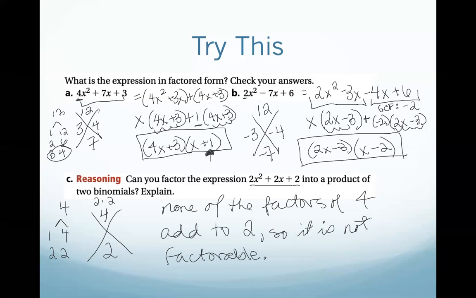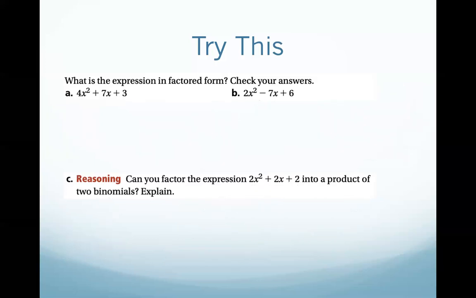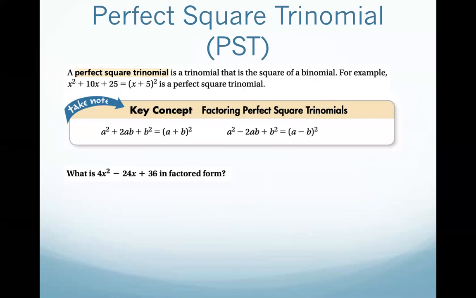There's two more types of factoring that we're going to cover here. Our next type, these are special types of factoring, is called factoring of perfect square trinomials. What that means is that when we factor, we get the same thing twice. As we progress on, these might become things that you can recognize, and that will make factoring a little bit easier.